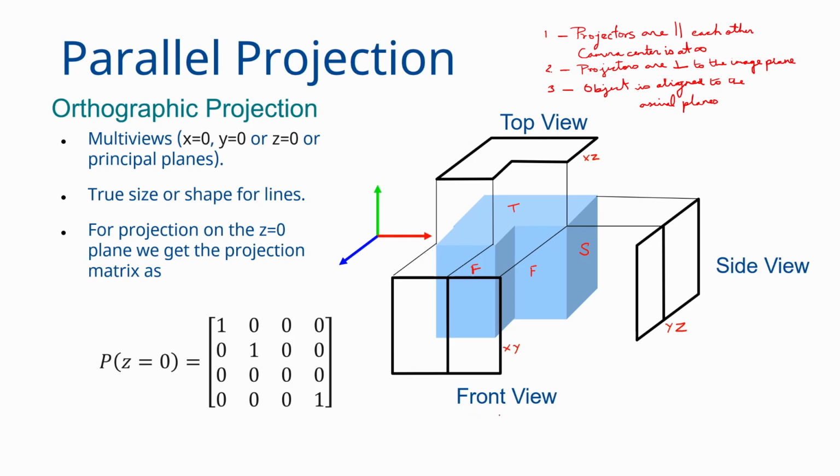And that allows us to get these different orthographic projections on the XY, XZ and YZ planes, which we know as the top view, front view and side view. I'm sure you have seen these in engineering drawing. And these are the projections on the X equal to 0, Y equal to 0 and Z equal to 0 planes.